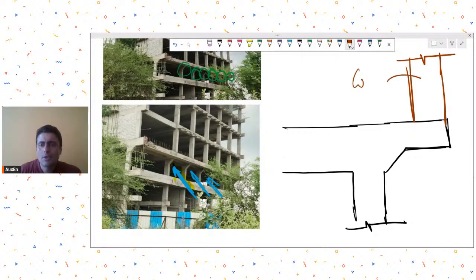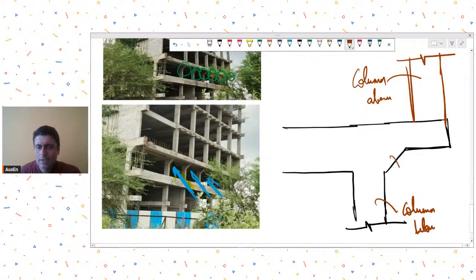So this becomes the column above, and this you can see is the column below, and this is that bracket that he is talking about.